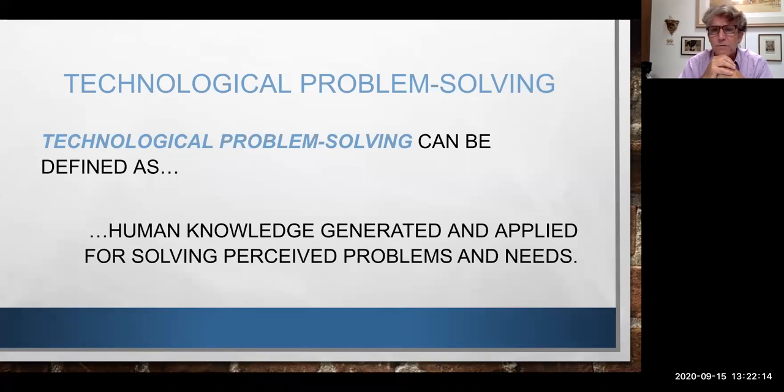It does not seem like it's exclusive to technological problem solving. If we're solving how to predict the weather, human knowledge generated and applied to solve a perceived problem seems to work to me. And that's solving a natural problem. But you get the idea. We're using our brain power to apply it to solving what is the perceived root of the problem that is affecting us.